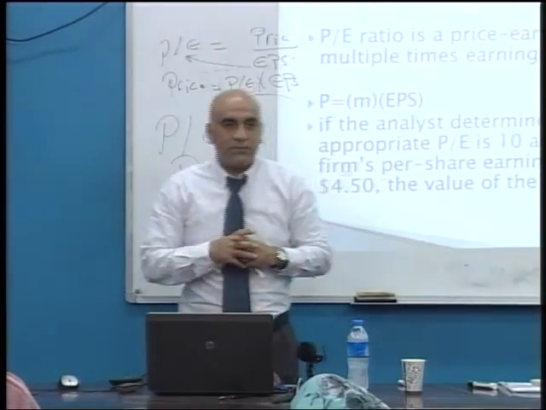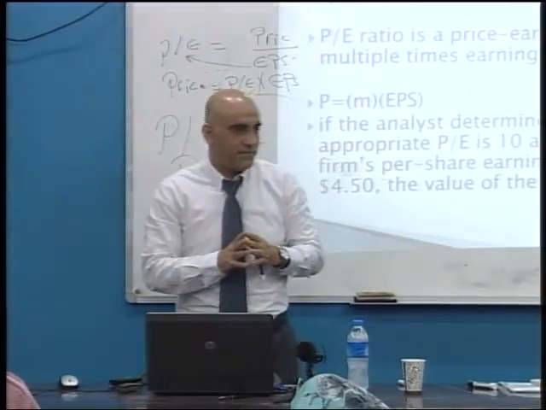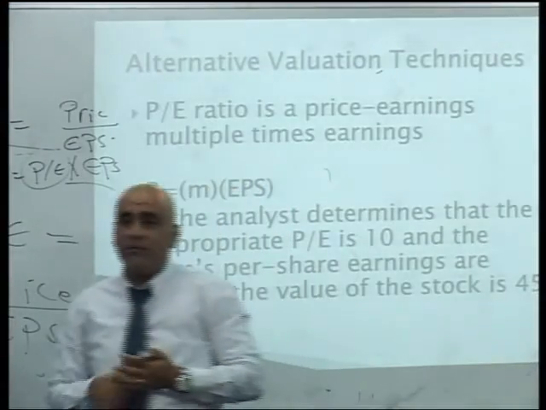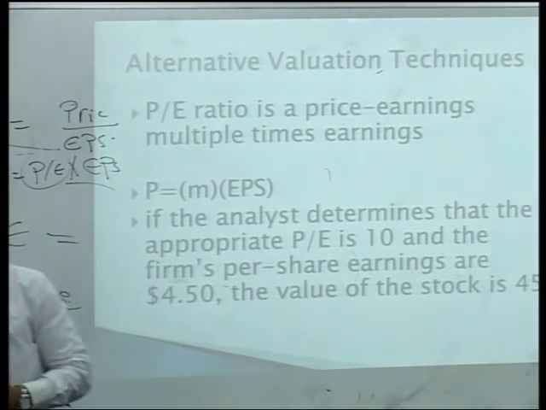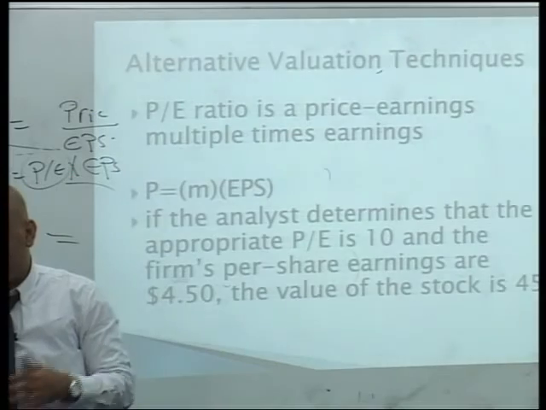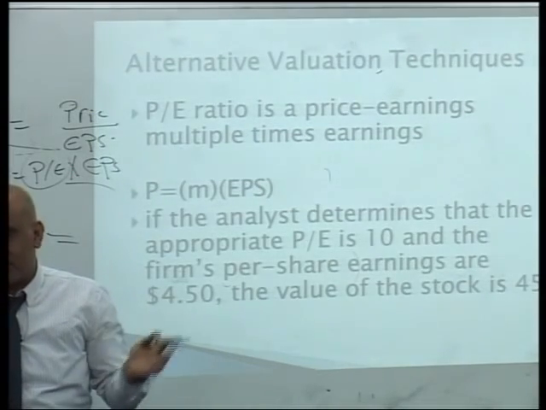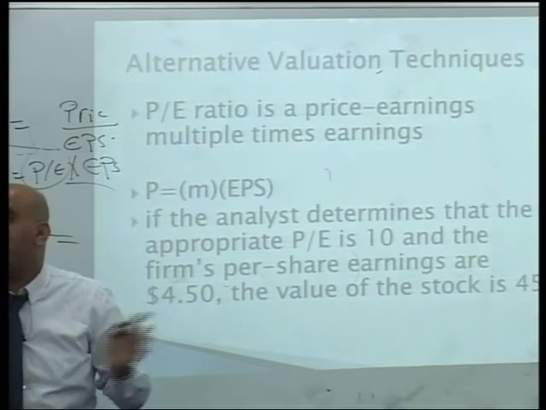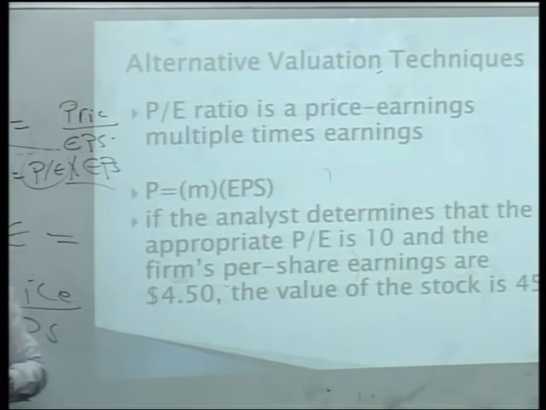You end with $45 as the price. Then try to use CAPM, and try to use the dividend growth model, and bring all of the results together and compare them. You will observe little difference between the three models.